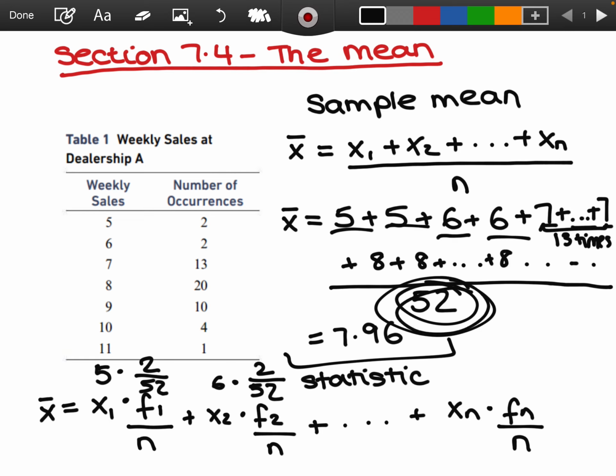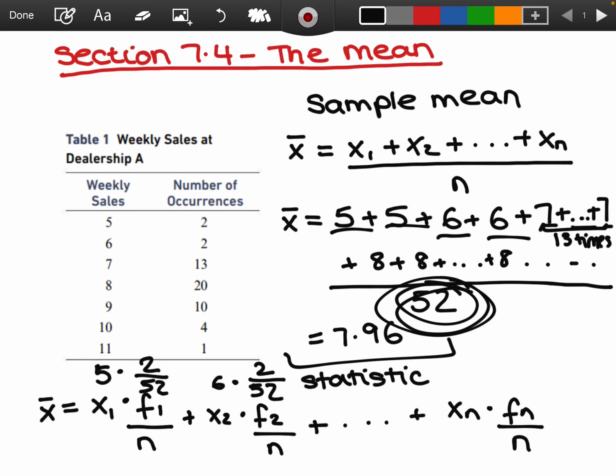So whenever you get a frequency distribution, rather than sitting there and adding together every value, just take each of the values, multiply it by its frequency, and divide it by the total number of things in your sample. So it would be x1 multiplied by its frequency f1 divided by the total number of things in the sample.